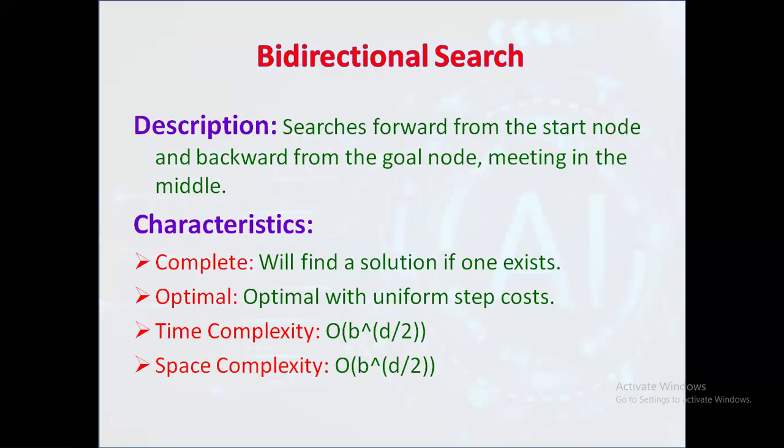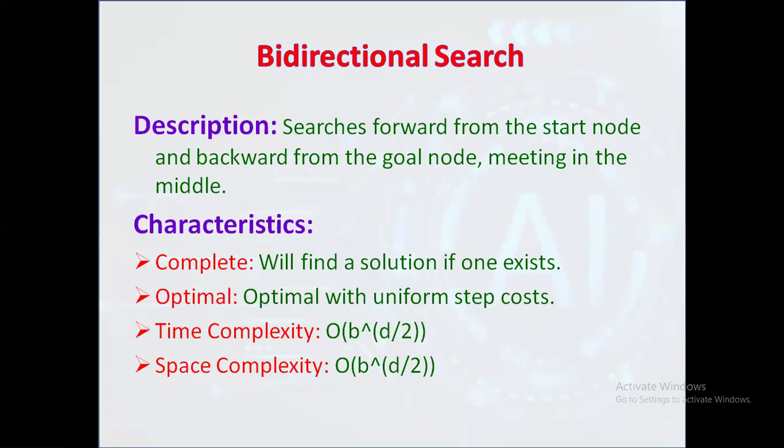Under the first type, uninformed search, the bidirectional search is a technique that simultaneously searches forward from the initial state and backward from the goal state. The two searches meet in the middle, effectively reducing the search space and improving efficiency. This approach is complete, meaning it will find a solution if one exists, and it is optimal when the step costs are uniform.